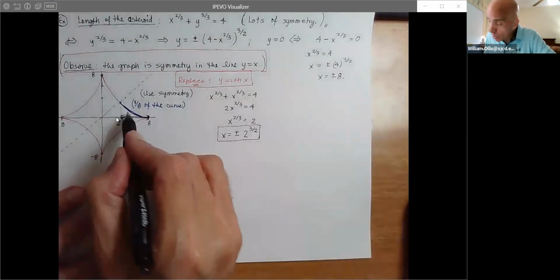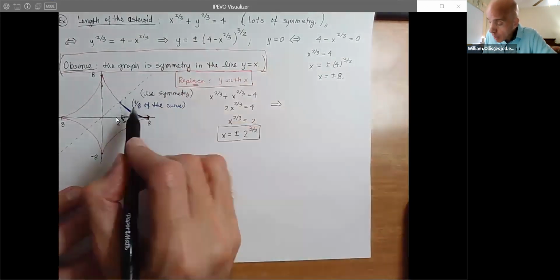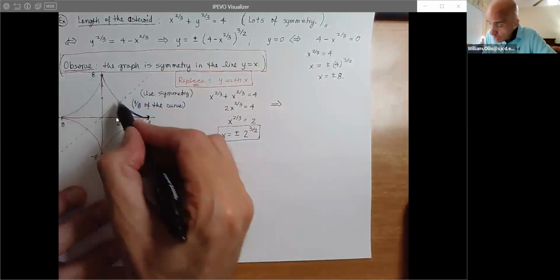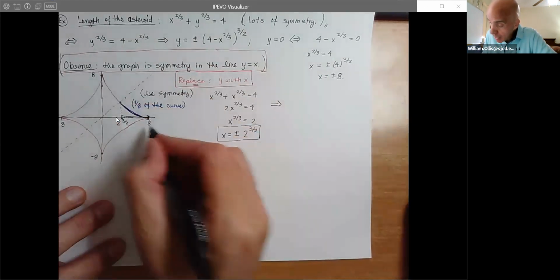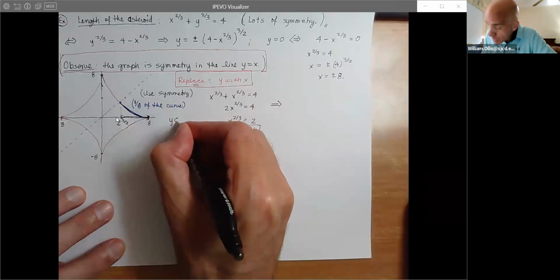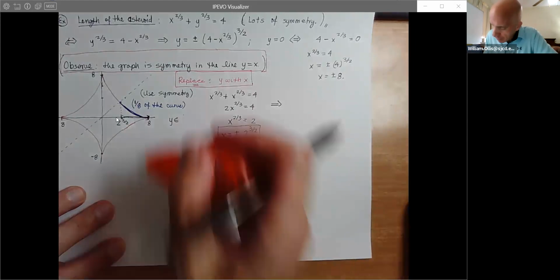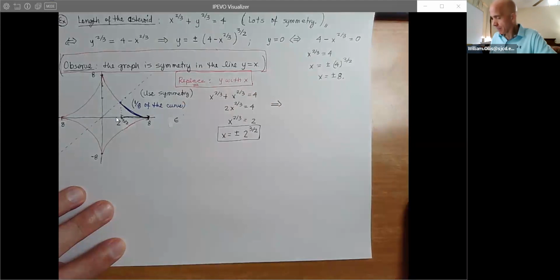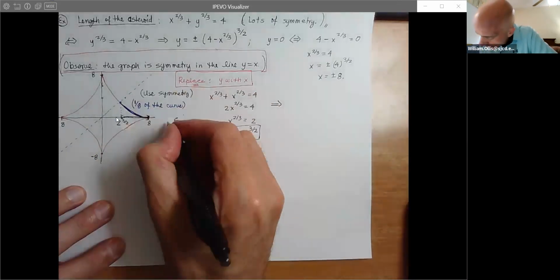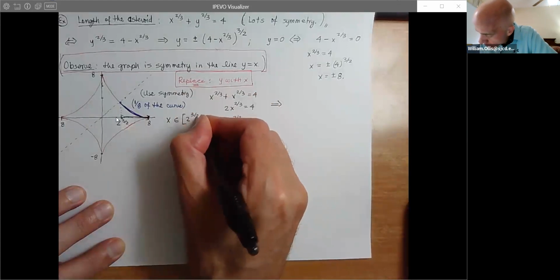So now what we're going to do, this implies that if we go up here, we're going to focus on this particular arc here from 2 to the 3 halves to 8. So we'll say x lives here, and then I'll get my y curve. So we have x lives between 2 to the 3 halves and 8.